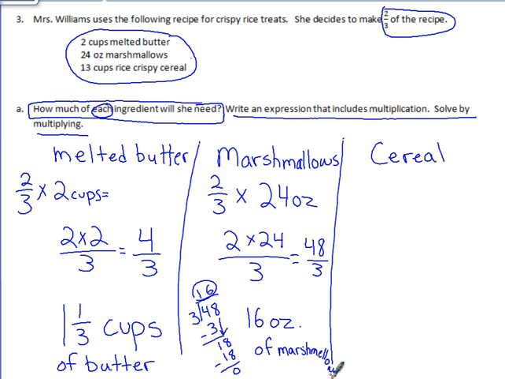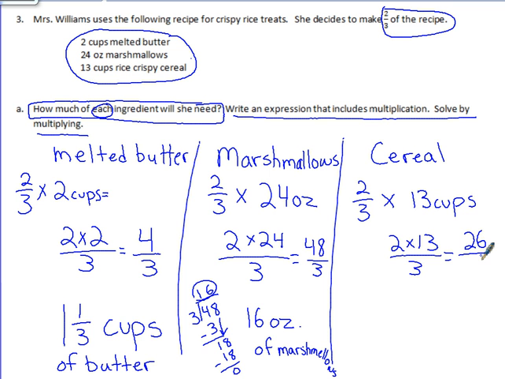Okay, so we have our melted butter, we have our marshmallows, we're almost there on our recipe. Now we just need to know how much cereal we have. So, cereal, whole recipe is 13 cups. I don't want a whole recipe, I want 2/3 of the full recipe, which is 13 cups. I'm going to do a 2 numerator, 1 denominator fraction. 2 times 13 over 3. 2 times 13, well 2 times 3 is 6, 2 times 1 is 2, so 2 times 13 must be 26, divided by 3.